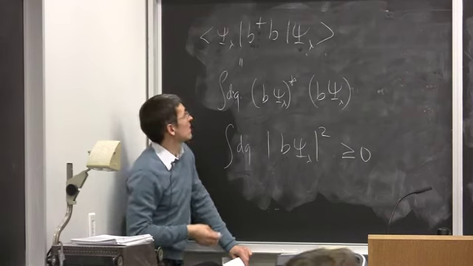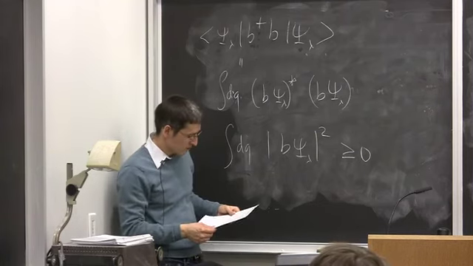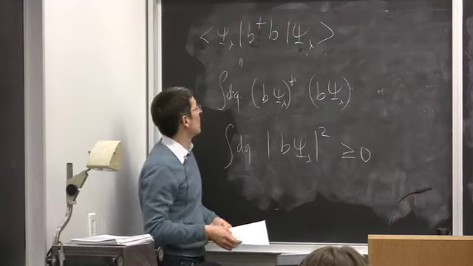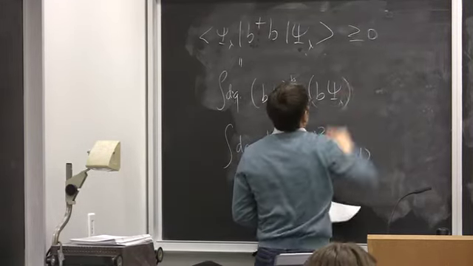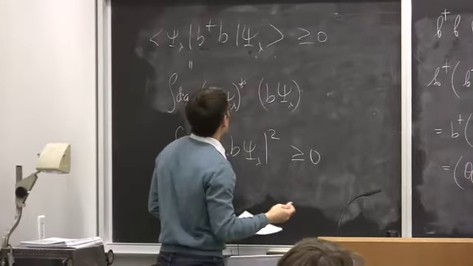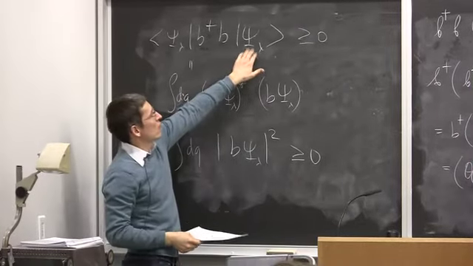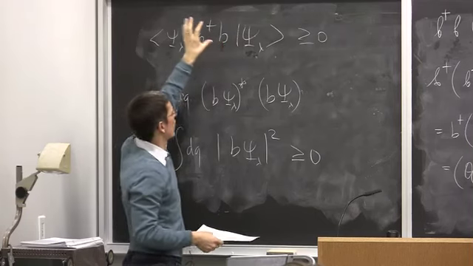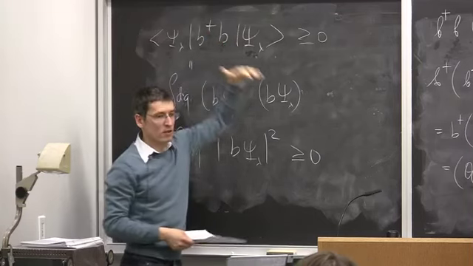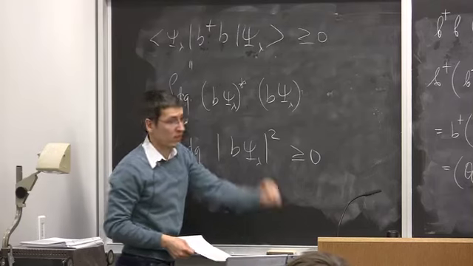So this is all straightforward. What does this tell us? That this will always be non-negative. So no matter what function we take, if you act with the lowering operator, you cannot go below 0.